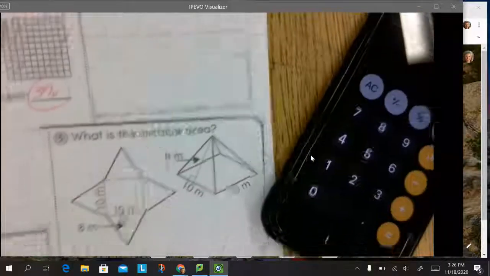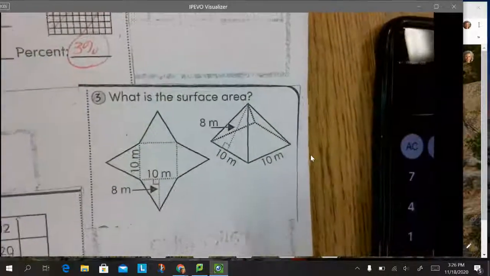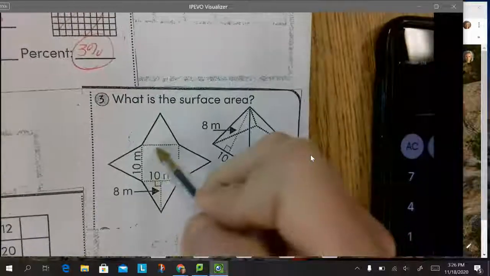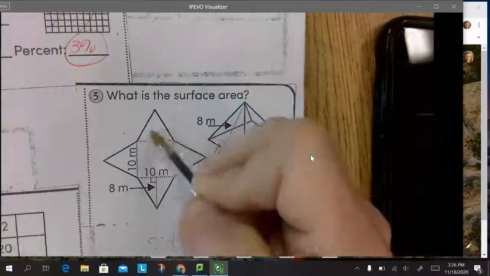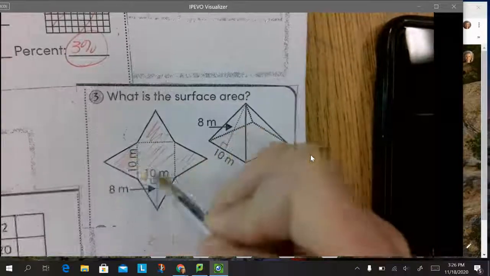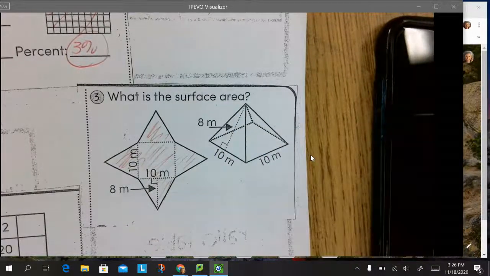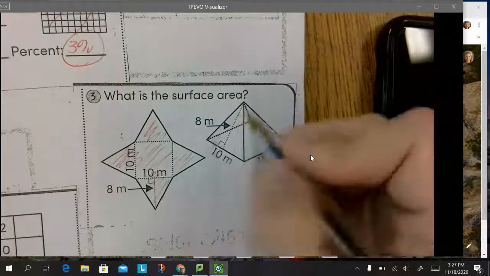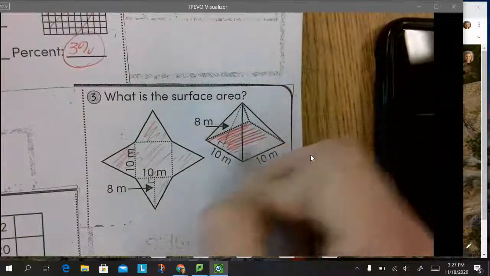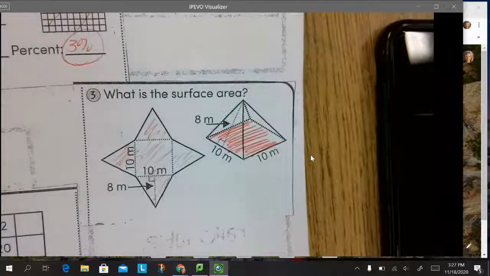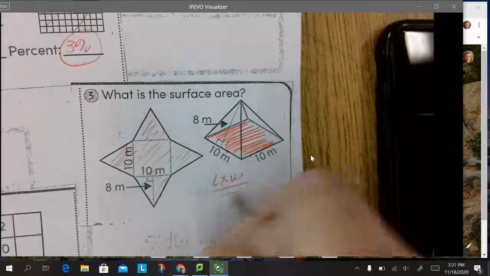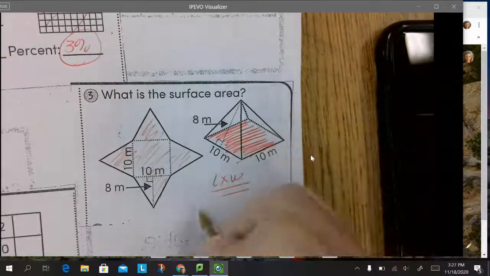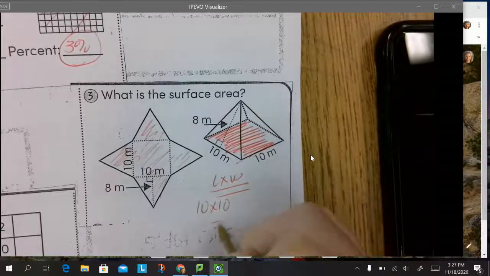Okay, here we go. Here's the next one. What is the surface area? The surface area is the total area of all of the shapes. Okay, you can start wherever you want. I usually start on the floor and say the floor is a square. You know it's length times width, so it's 10 times 10, which is 100.